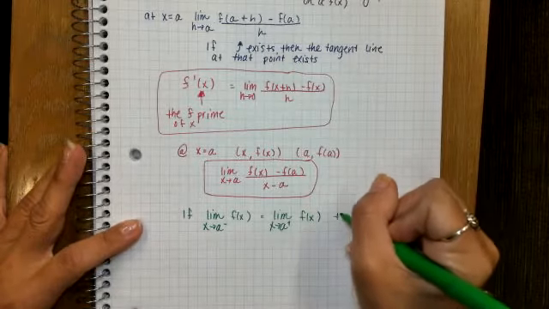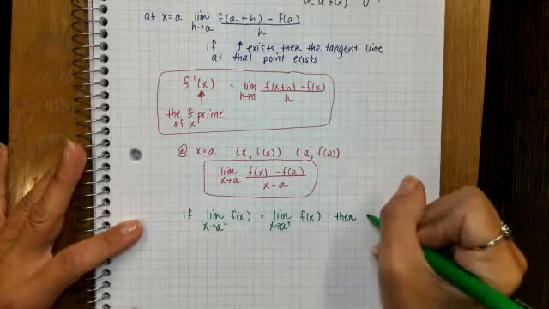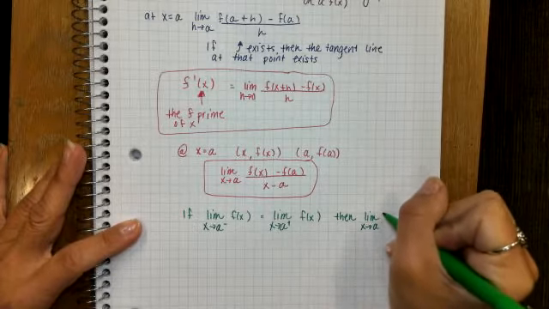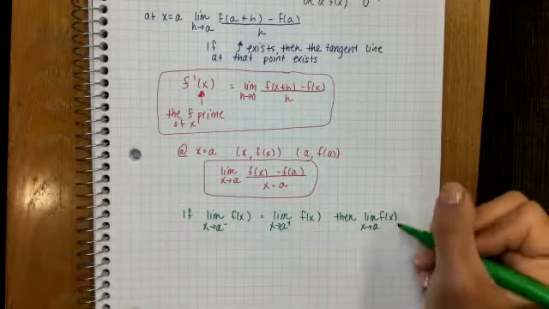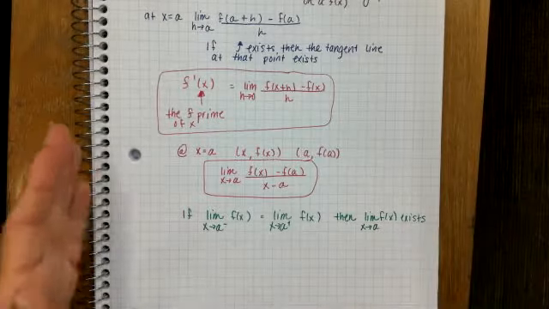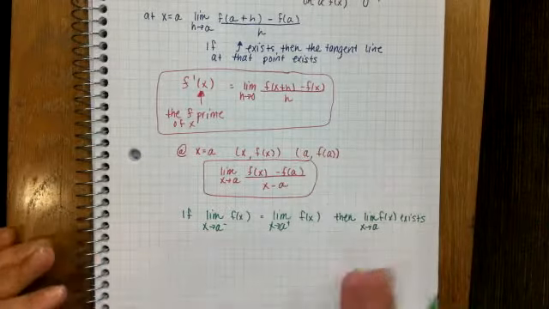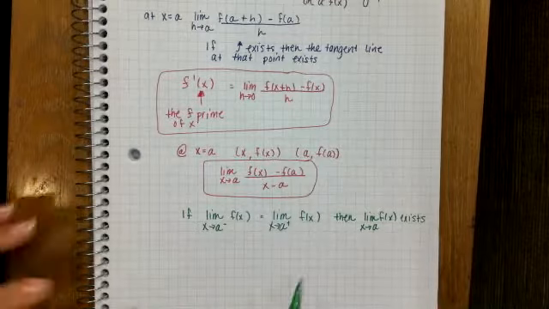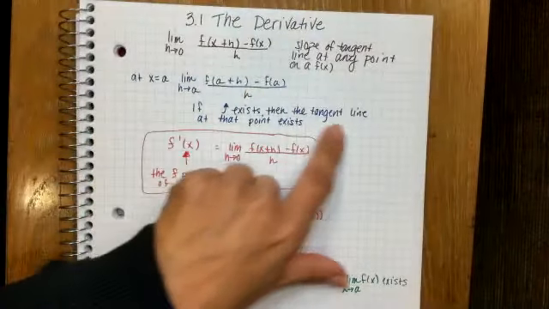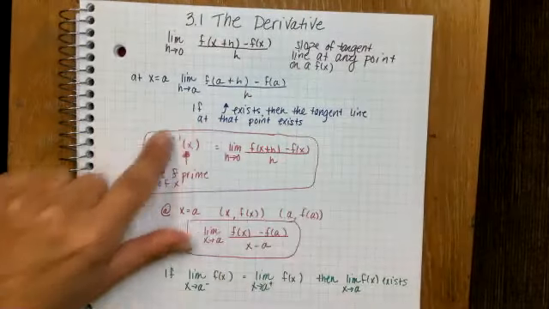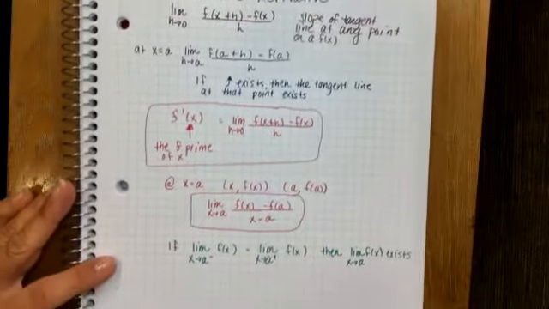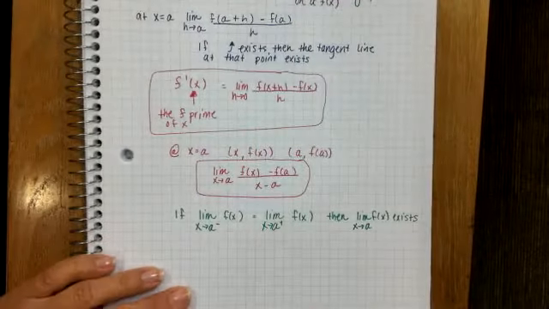Okay, we say the limit exists. So if the left hand equals the right hand, then we say the limit exists. Well, if the limit exists, then we know that the tangent line exists.